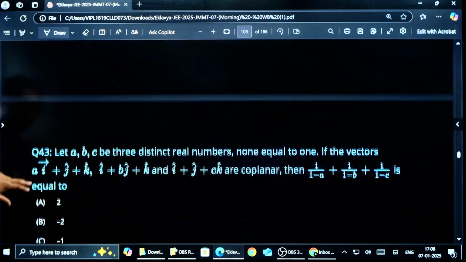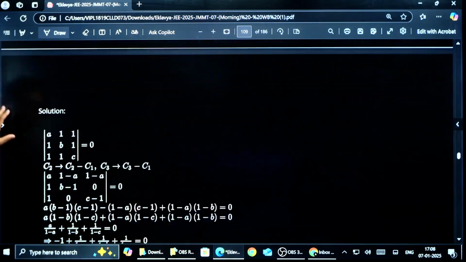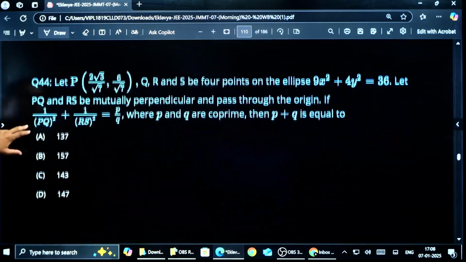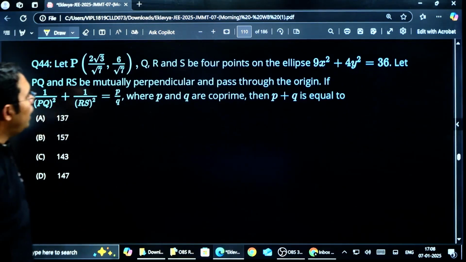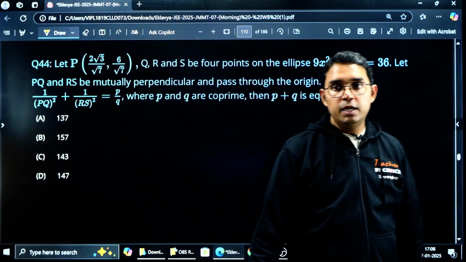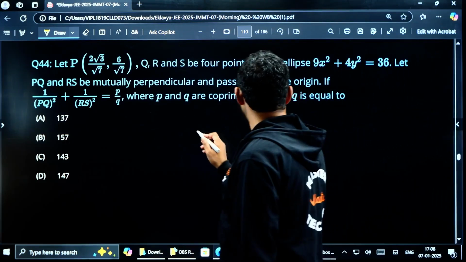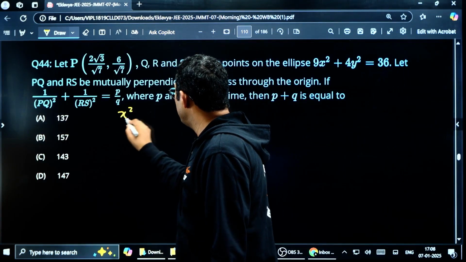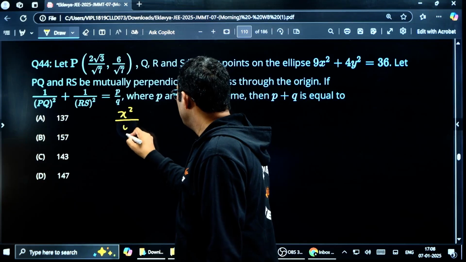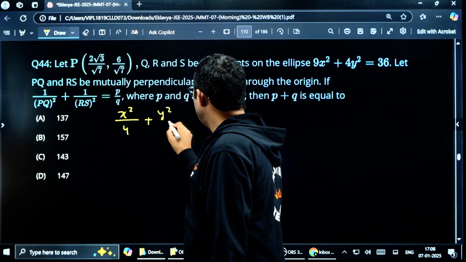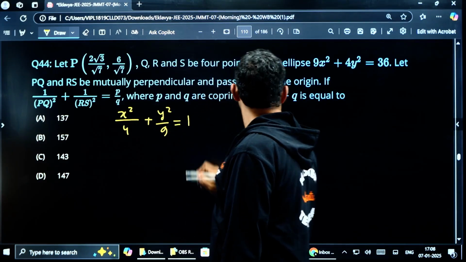Moving to the next question, 44. Let P, Q, R, S be 4 points on the ellipse. Now, first of all, this ellipse is x square upon 4 plus y square upon 9 equal to 1.